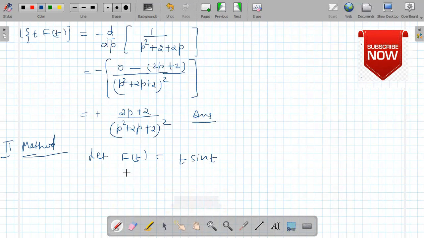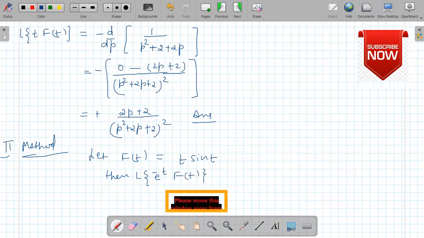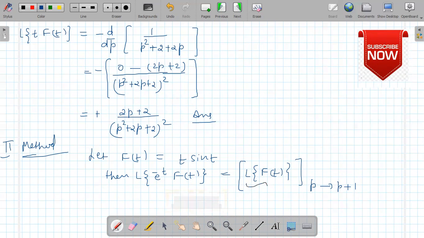Then Laplace transform of e to the power minus t f(t) will be equal to Laplace transform of f(t), and p is replaced by p plus 1 in F(p). Here we will get F(p), with p replaced by p plus 1.